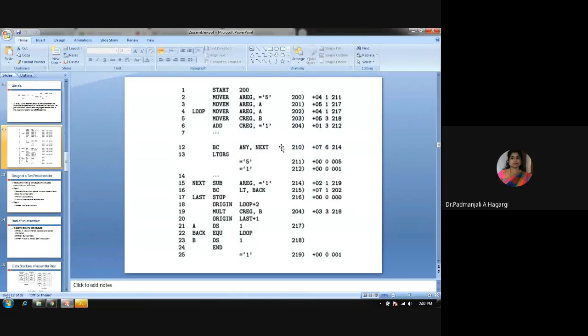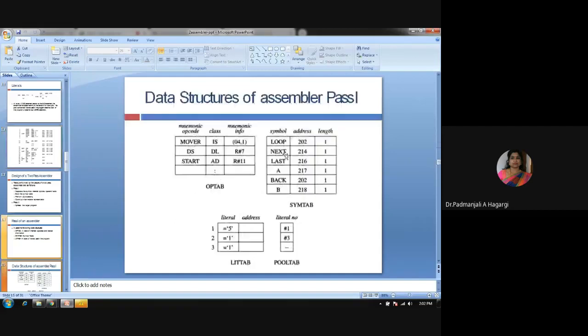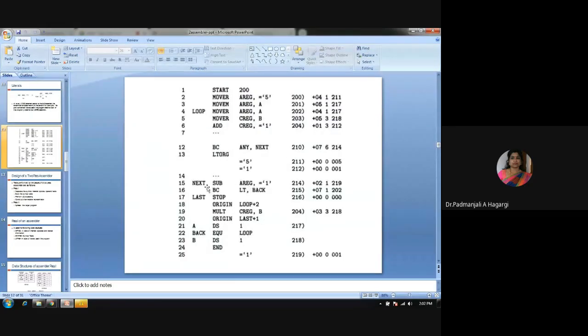Time being, it is a forward reference, so it will be a dash here. Wherever the dashes are there, in the second pass those will be fulfilled, when I come to the end of the statements. All the information will be cleared.